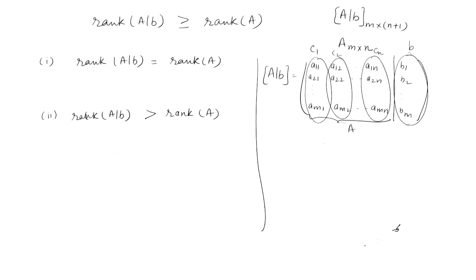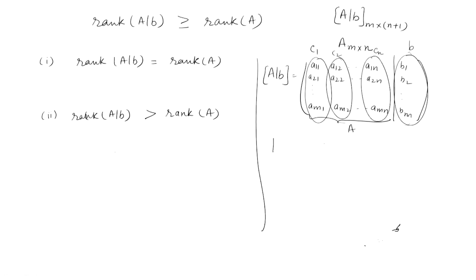Then only will the rank of the augmented matrix be the same as the rank of A. So, what does it mean basically? This means this vector B can be represented by some linear combination of these column vectors.